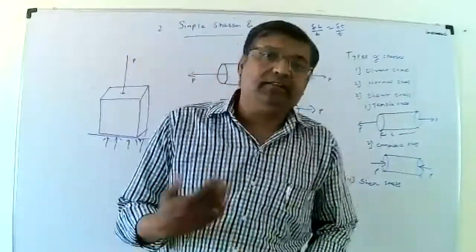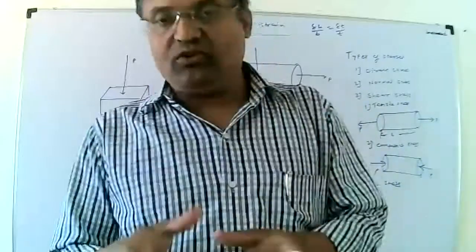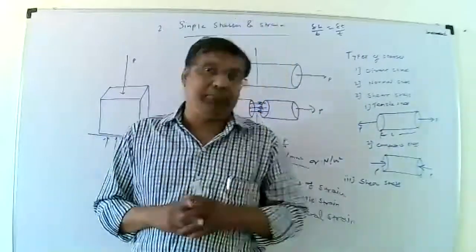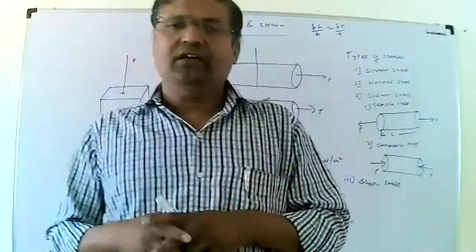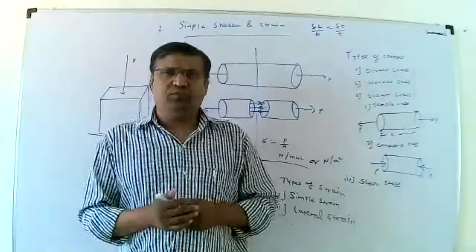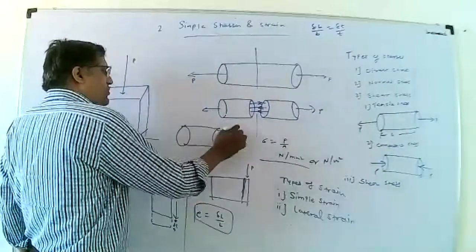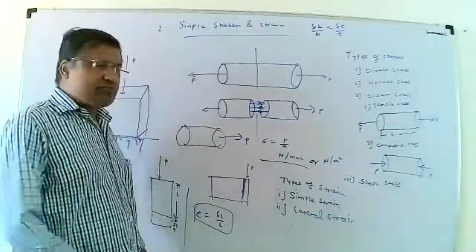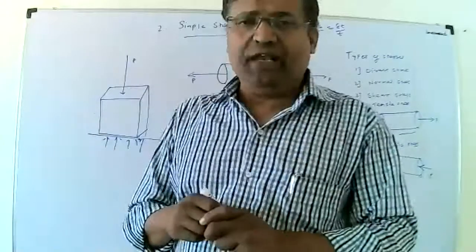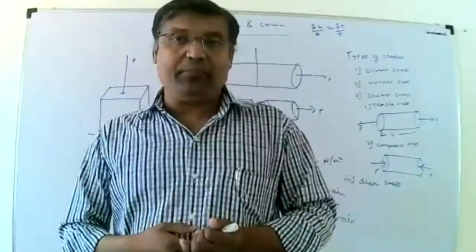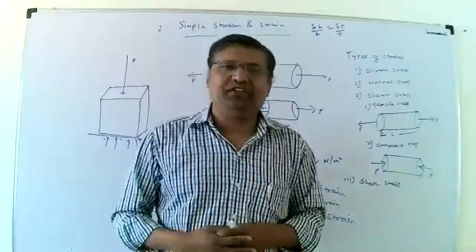But take another example, a circular section, such as a bar. What will happen if an external pull or tensile load acts at one end of the bar? There will be a change in lateral dimension relative to the original dimension.